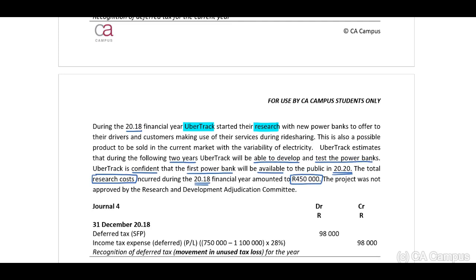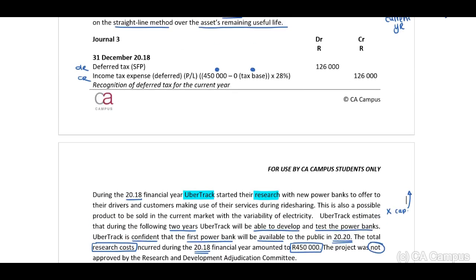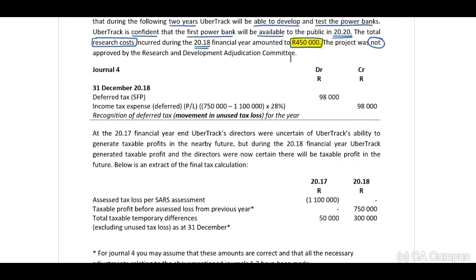The project was not approved by the Research and Development Adjudication Committee. Now, they cannot capitalize this. When you look at our journal at the top, they have capitalized the 450,000, but they cannot capitalize this. At this point of time, this is research costs. Research costs we need to expense.